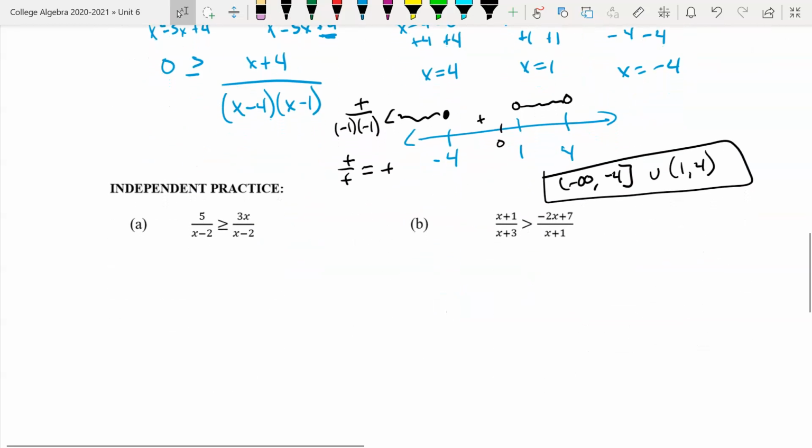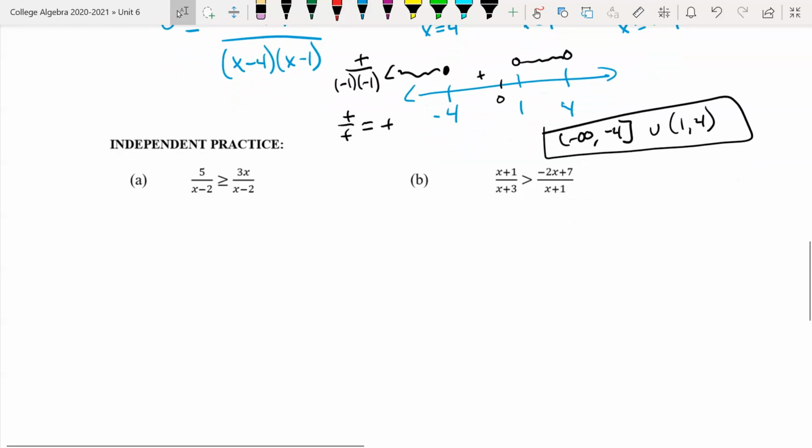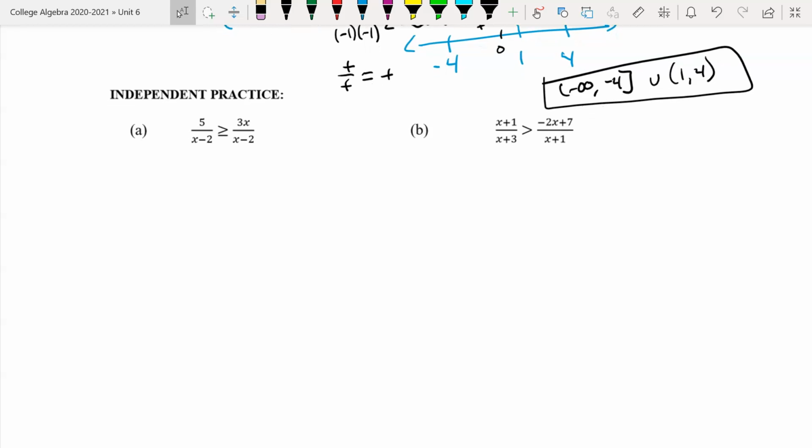These last two are just independent practice problems. I'm not going to work them out. I'm just going to leave them on here for you guys to practice, and I'll put the answer at the bottom. So go ahead and pause the video. You guys can try these and just see if you get them right.